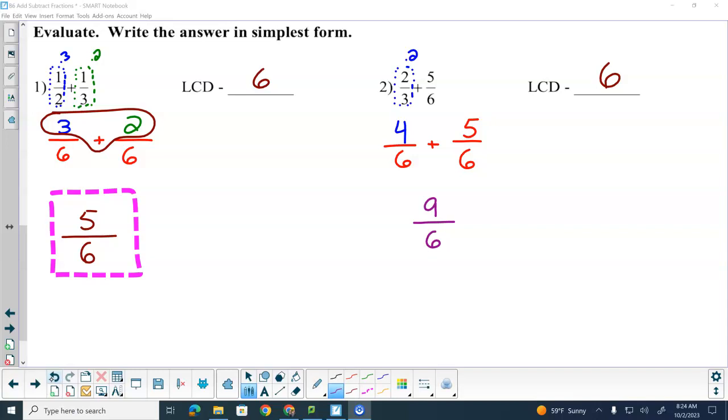Did we follow all of our steps that we just described up in the middle of our page? We didn't reduce it. We didn't do step number 4. Is there a number that can go into both 6 and 9? 3. So I could divide this by 3.